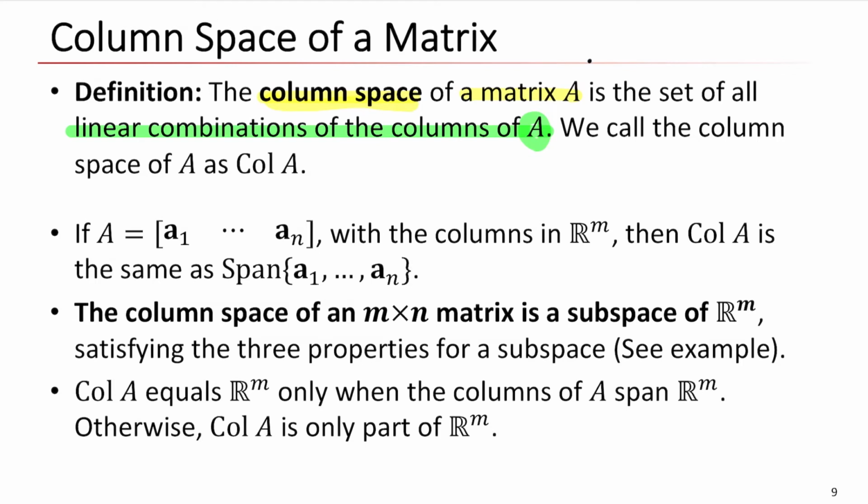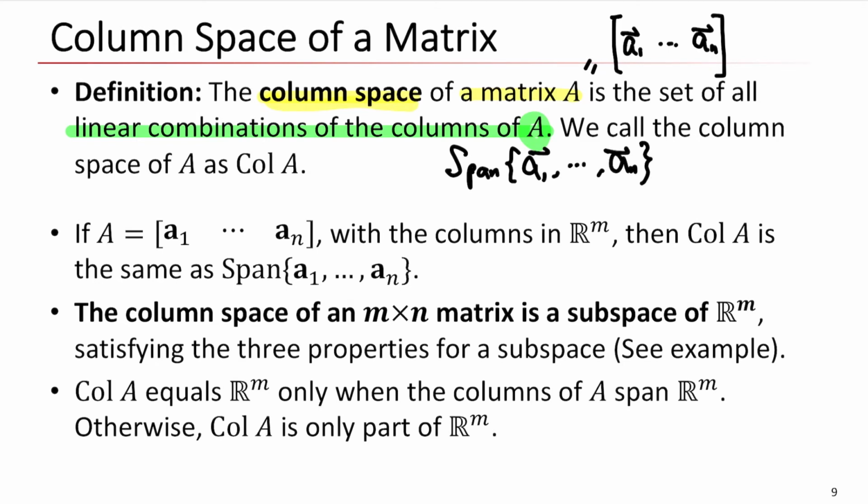Let's say we have a matrix A consisting of the column vectors a1 through an. Then the set of linear combinations of the column vectors of A is just the span of a1 through an, right? Then the column space of the matrix A is this one, so we can call the column space of A Col A.